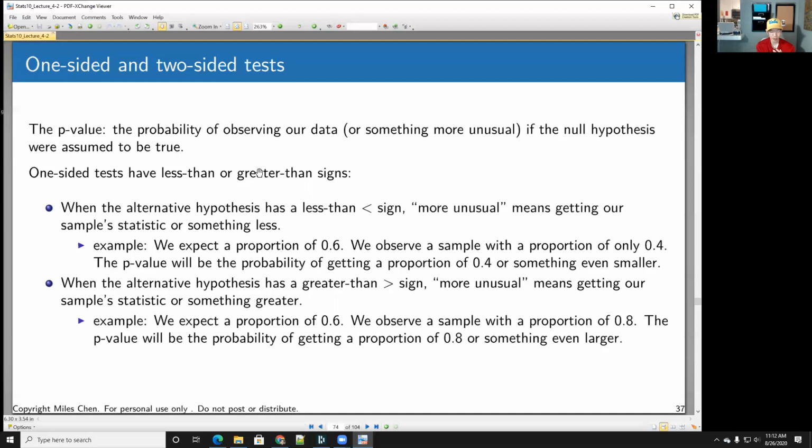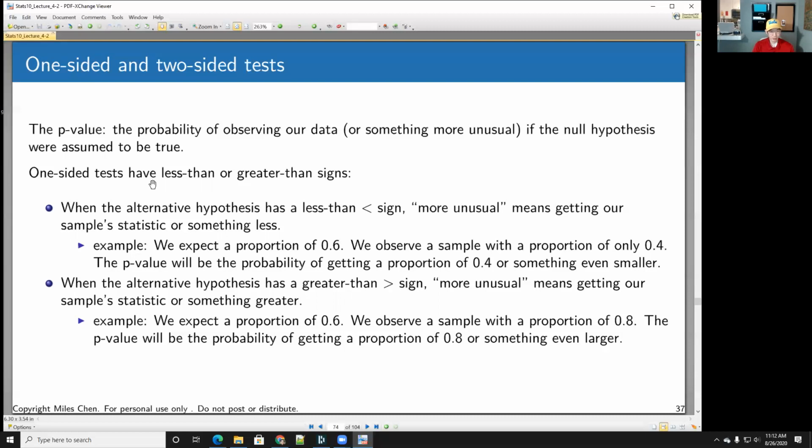So when we talk about getting 60% heads in 1,000 coin flips or 10 coin flips or however many coin flips we have, it also includes 60% or more heads, because we're asking for something more unusual than what we've observed.